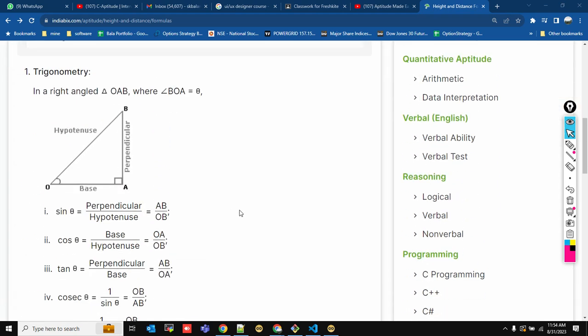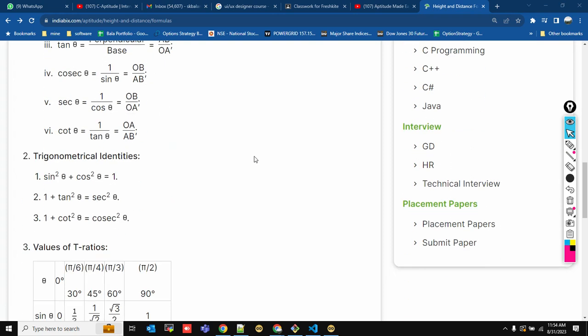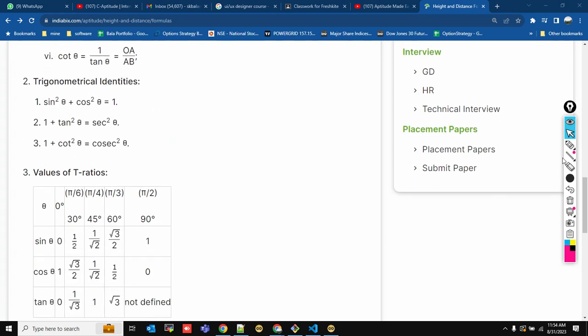Now how will you find this, using these identities? Suppose you take a right angle triangle. Suppose this is a coconut tree. Let's assume this is a ship, and this is a lighthouse.